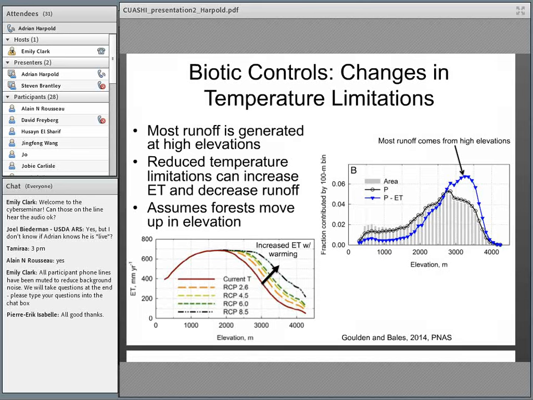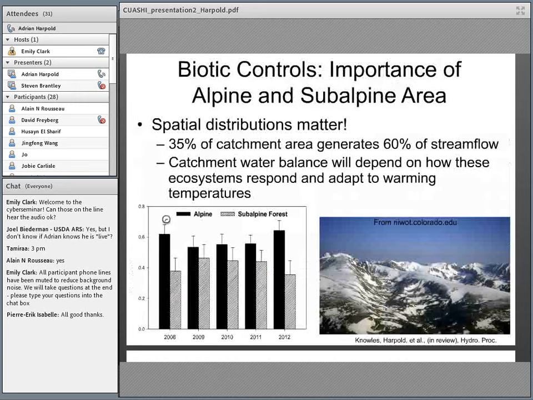The conclusion that they came to was that if forests are able to move up and use water in these areas because they're no longer temperature limited, that's going to have major implications on basin scale water fluxes, where stream flow, they predicted, would go down. And I think that's an interesting paradigm, and certainly strongly supported by their data set.